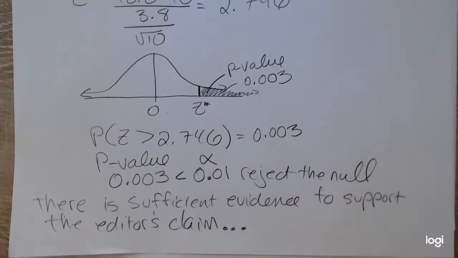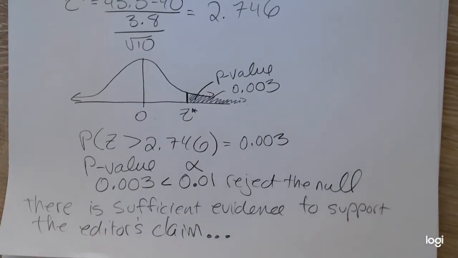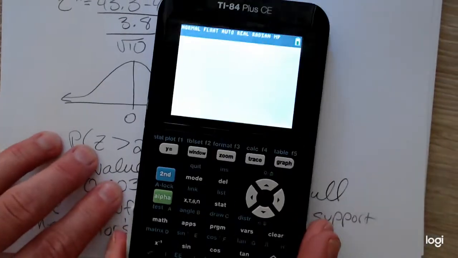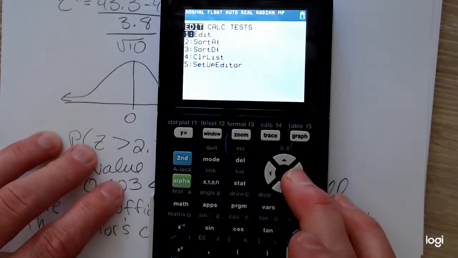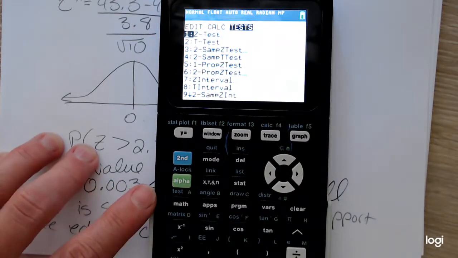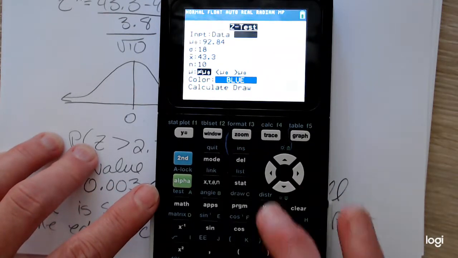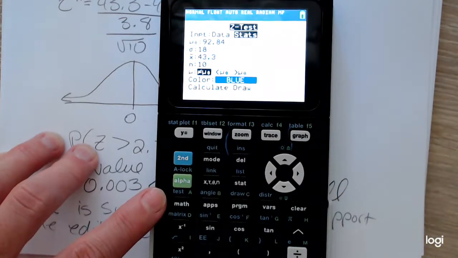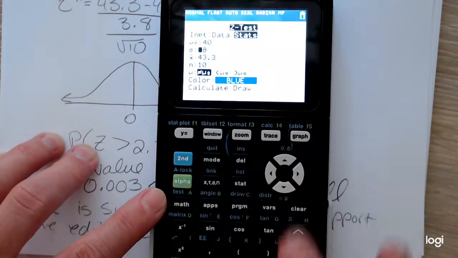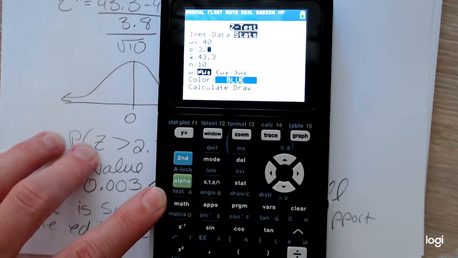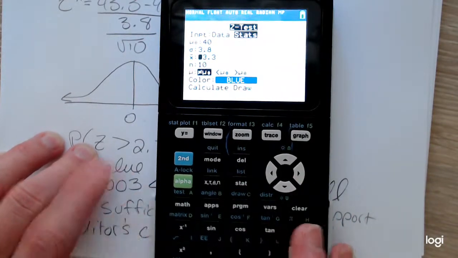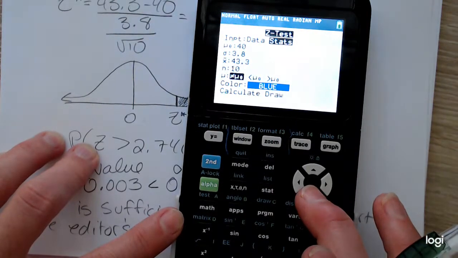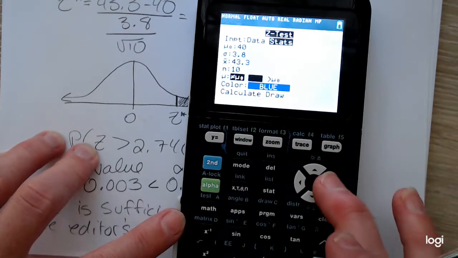We can get the p-value directly from the TI-84. If we go to our stat menu, over to tests, the first option is our z-test, and we have the summary statistics, putting in the hypothesized value, the assumed population standard deviation, the observed sample mean, our sample size, and then changing the direction of the alternative.